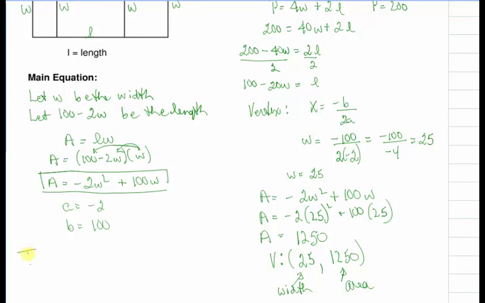So the largest possible lot is 1,250 meters squared. Now, just remember, if you want to check this vertex, you can get your graphing calculators out, put the formula in, set up your window settings, and determine what the vertex is. Okay, so this concludes section 3.2.